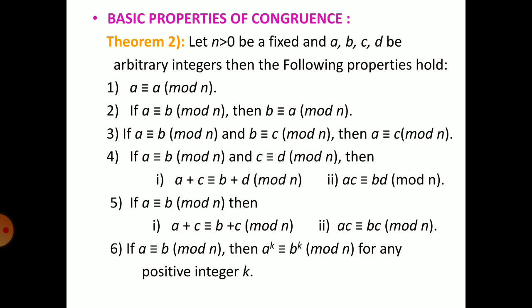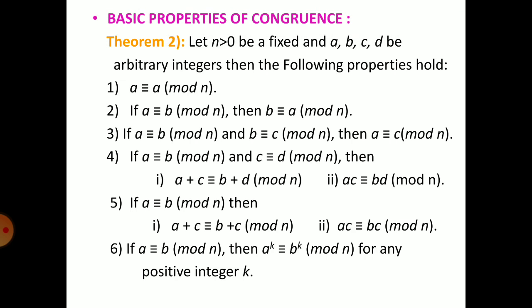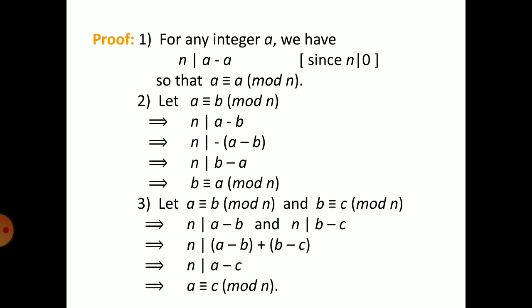And fourth, if a is congruent to b mod n and c is congruent to d mod n, then a plus c is congruent to b plus d mod n. That means the sum of the first two integers is congruent to the sum of the next two integers. Similarly, we can take the product also.